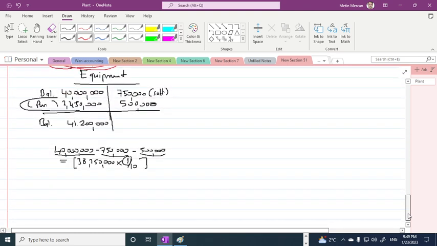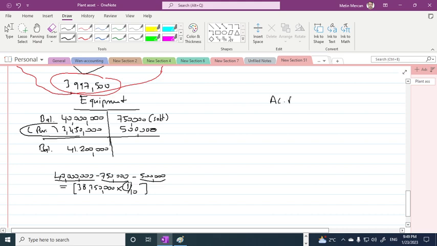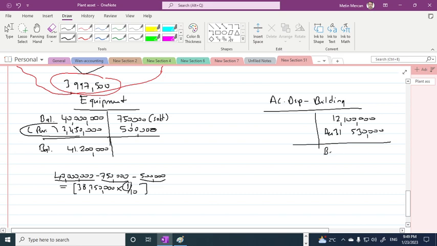So if you look at that one, now we can prepare other things like accumulated depreciation, for example, for the building. So we have a balance of 12,000,000, right? And the December balance for building is $530,000. So for building the balance at the end of the year is $12,630,000.